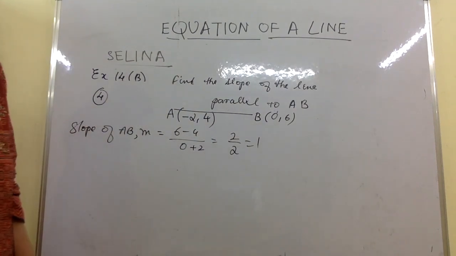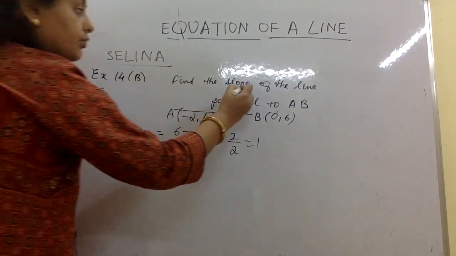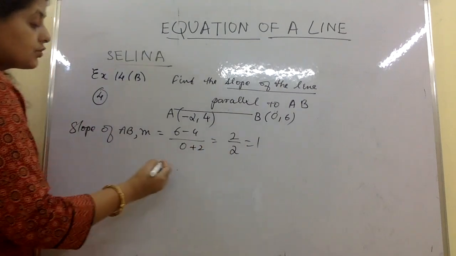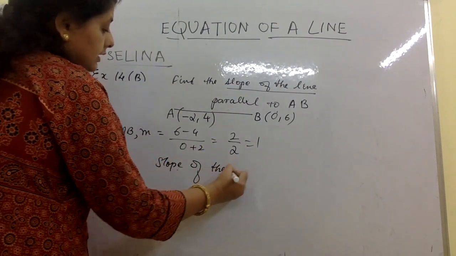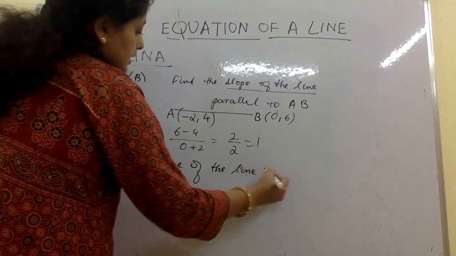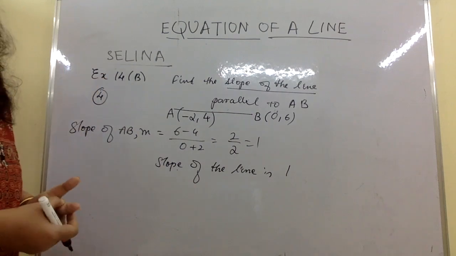So the slope of AB is 1. Therefore, the slope of the line they are asking us to find is 1, because when two lines are parallel, their slopes are equal.